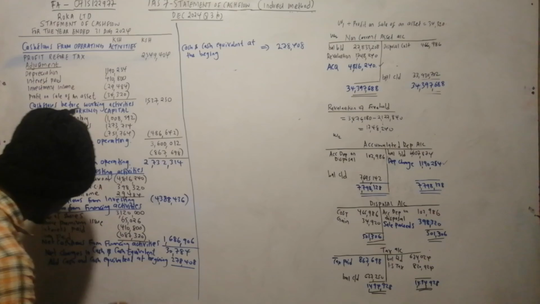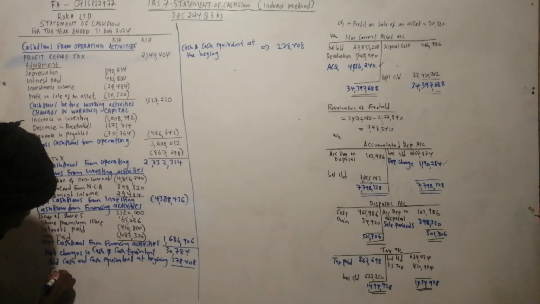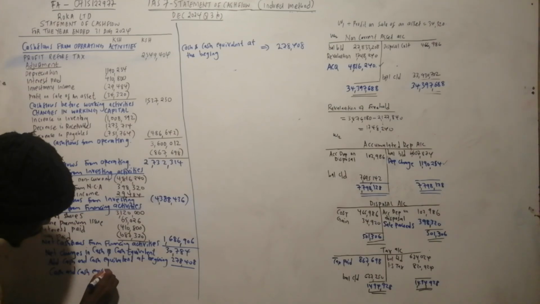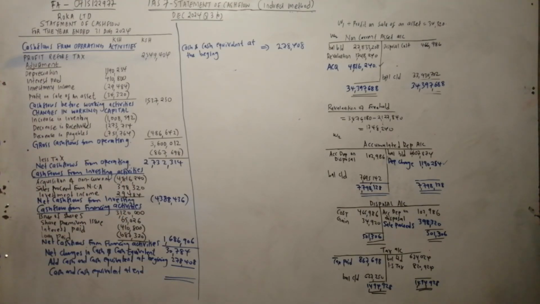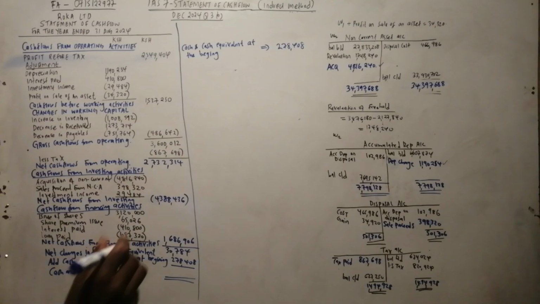When you add it together, you need to get the cash and cash equivalent at end. So at end, in our balance sheet, it is 309,192.